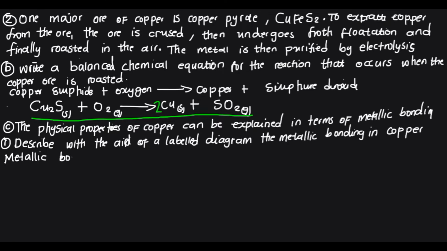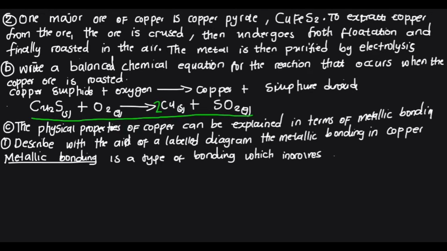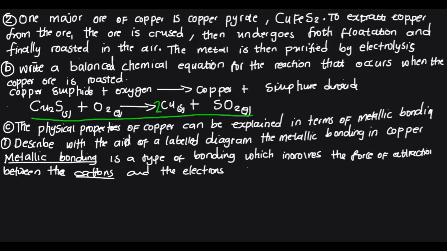Metallic bonding is a type of bonding which involves the force of attraction between the cations, the positively charged ions, and the electrons in the metallic lattice structure.